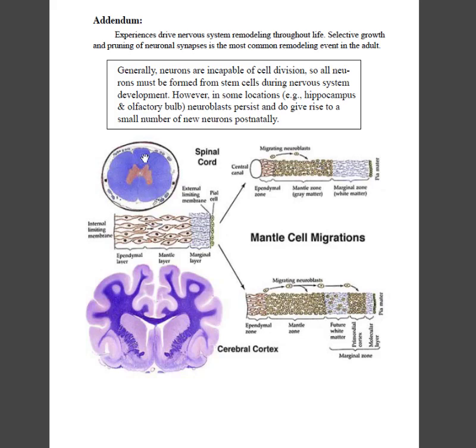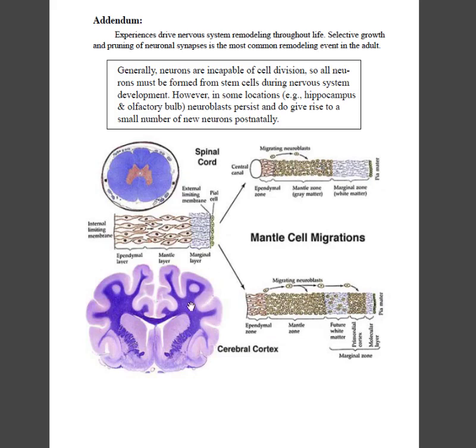And then the marginal layer, the blue here, is the white matter outside of that. So the relationship of canal and ependyma and mantle layer becoming gray matter and marginal layer becoming white matter persists in the spinal cord. So in other words, in the spinal cord, what we're seeing is just a proliferation of the mantle layer and a population of the marginal layer with axons in the white matter.